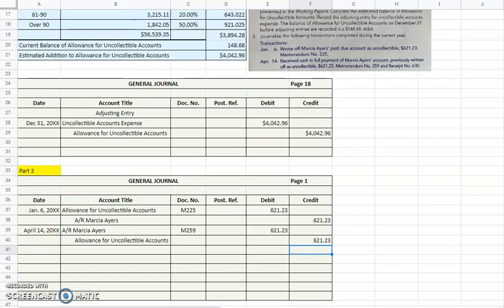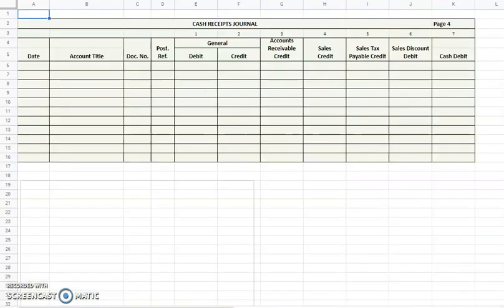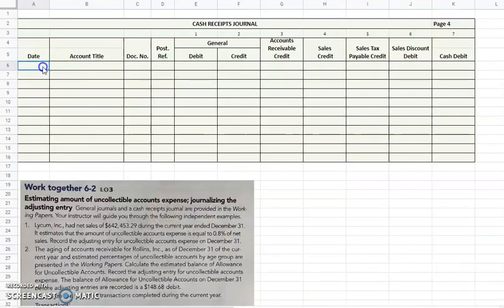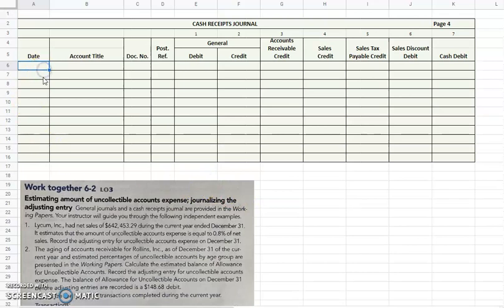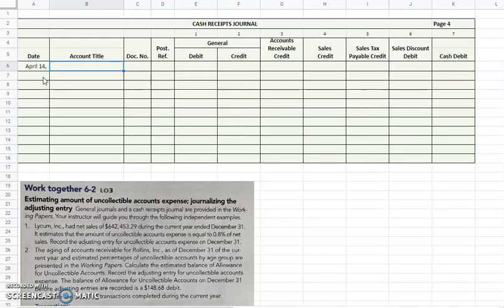Now we'll head over to our cash receipts journal since we received cash in full payment. So the date was, here we go, April the 14th. And the account title, we'll need to write in there Marcia Ayers.